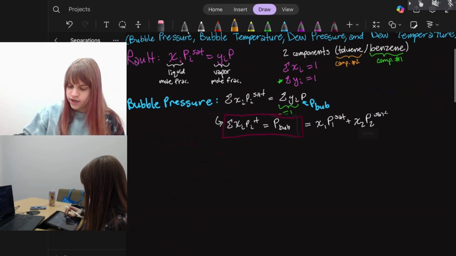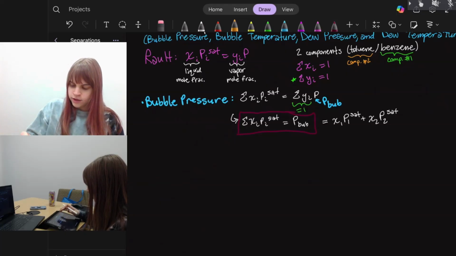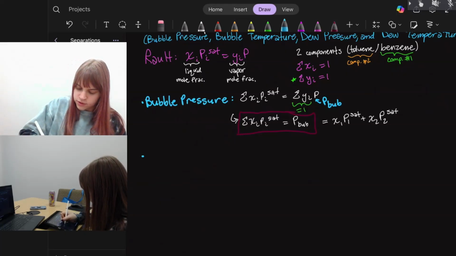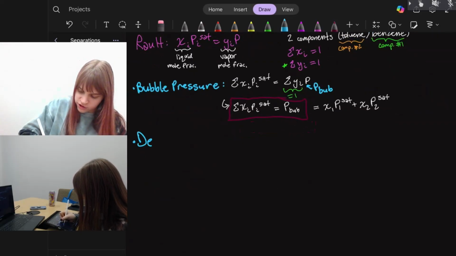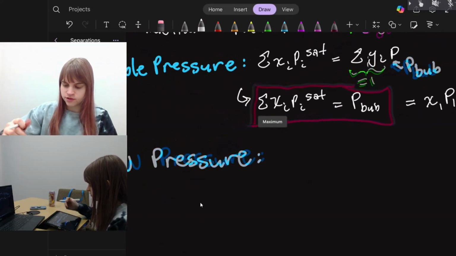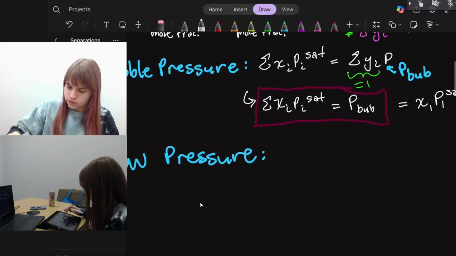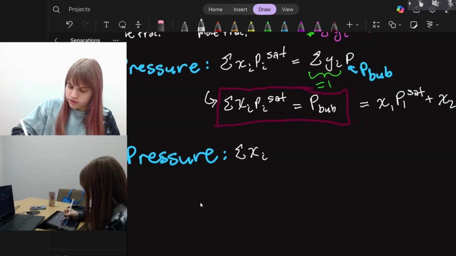So we actually already have our bubble pressure formula right there, and next we want to do the dew pressure, so sticking with pressure. Similar to how we started the previous calculation, we're going to put a summation on each side of the equation.